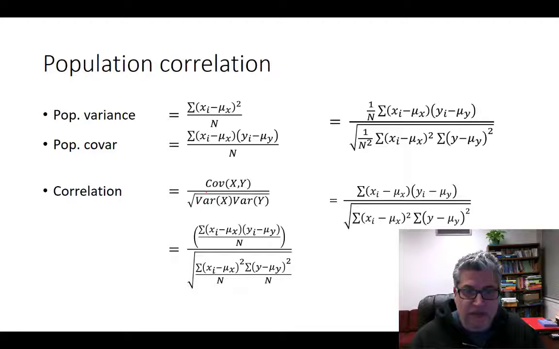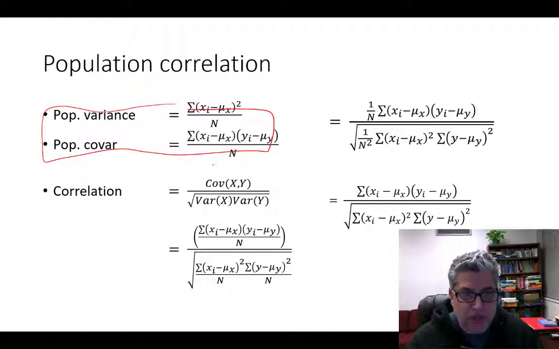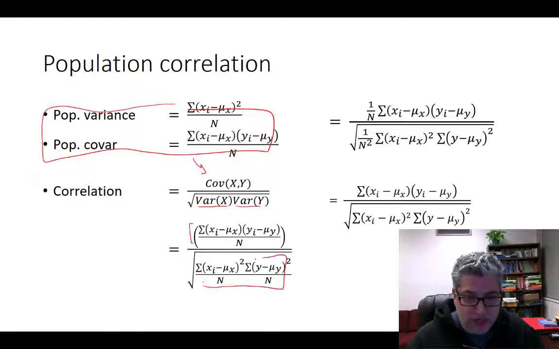It's the covariance divided by basically the standard deviations of x and y. And if we substitute these formulas into the correlation function, what we'll get is the covariance of x and y in the numerator, and we plug in the variance of x and variance of y inside that square root, and we'll get these terms right here.